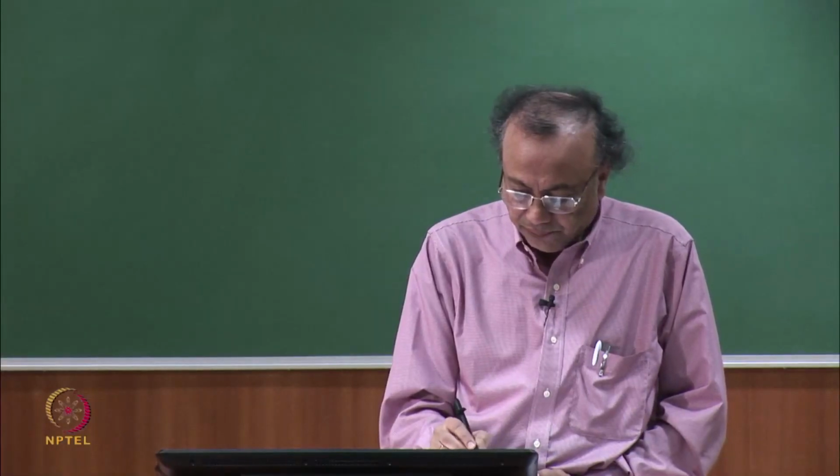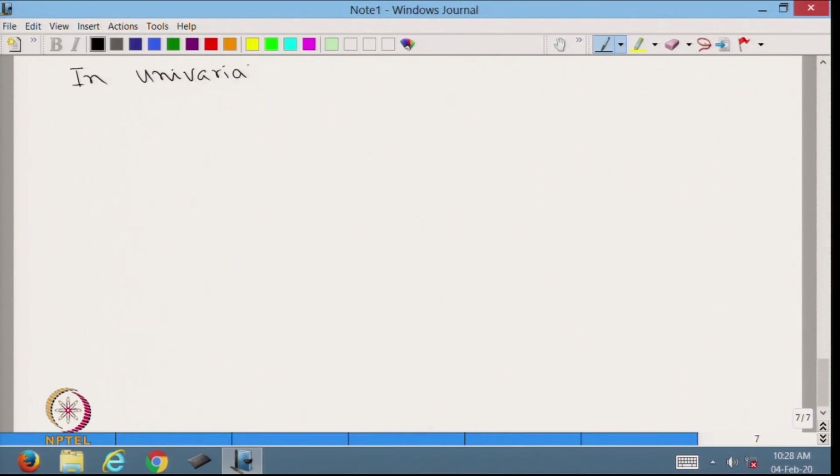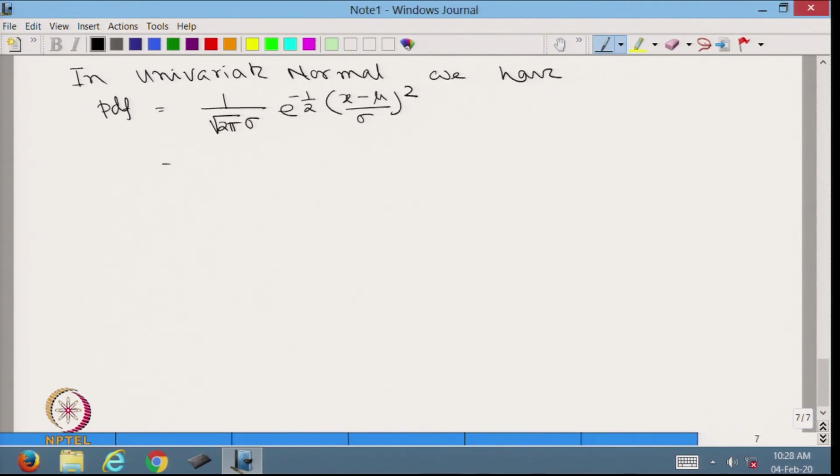Now, in univariate normal, we have PDF equal to 1 over root over 2 pi sigma e to the power minus half x minus mu by sigma whole square, which is equal to, let us write it as, 1 over root over 2 pi to the power 1, sigma square to the power minus half into e to the power minus half into x minus mu, sigma square to the power minus 1, into x minus mu.